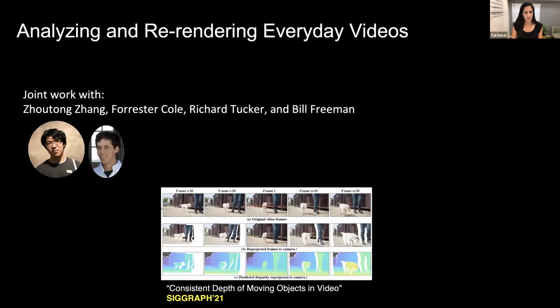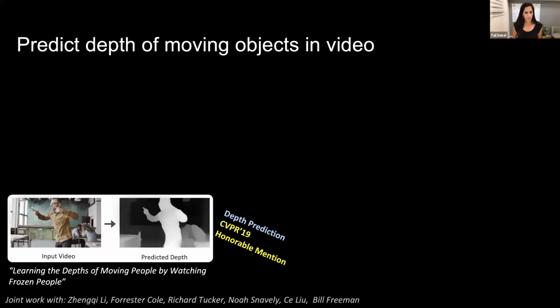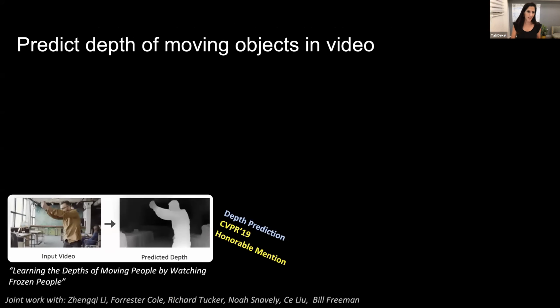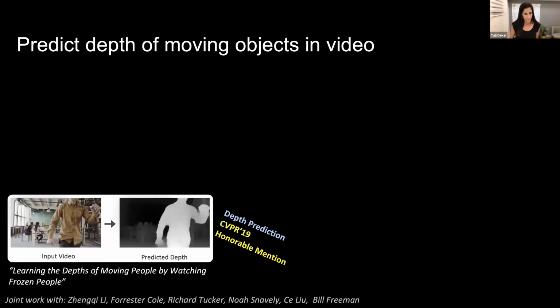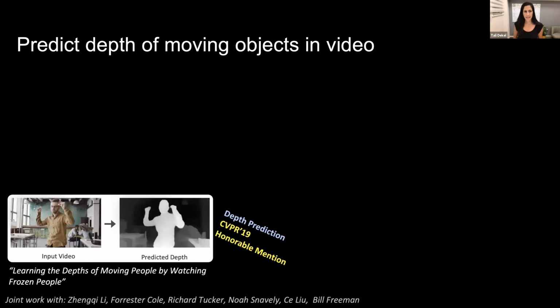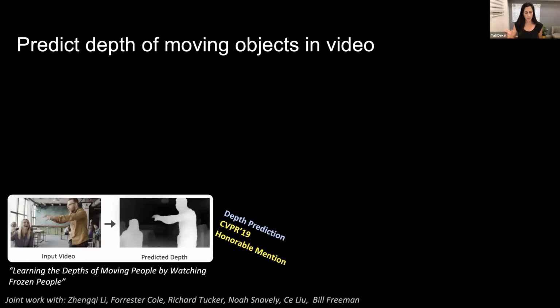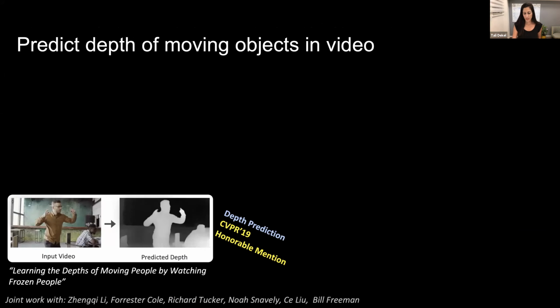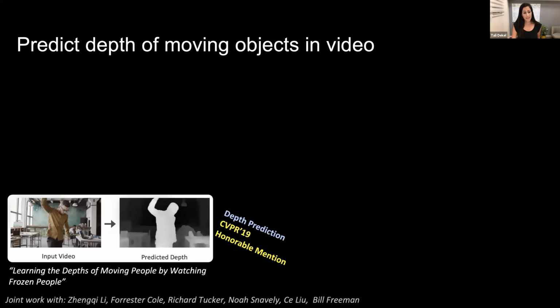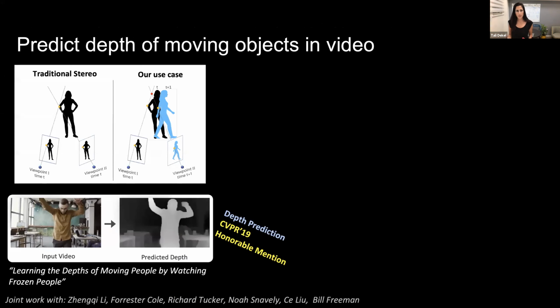And actually, I started working on this problem also in the context of people. So in CVPR, we developed this model that could estimate depth of moving people in cases where both the people and the camera are freely moving. And in this case, geometric constraints break.